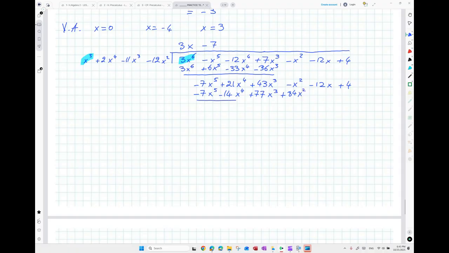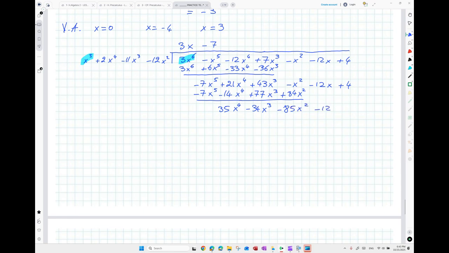I'm going to subtract, and I'm going to have 35x to the fourth, negative 34x cubed and negative 85x squared.